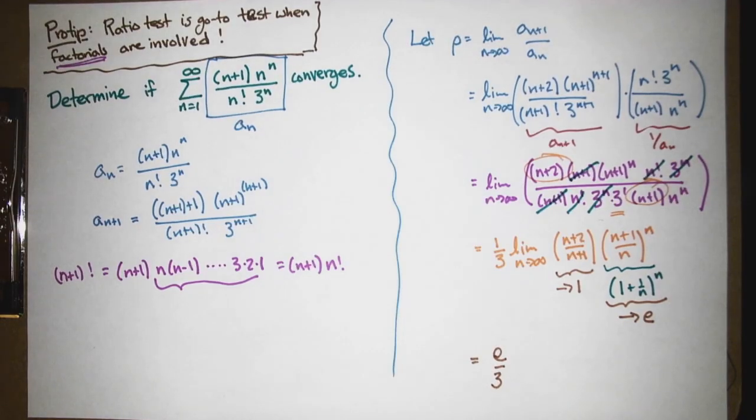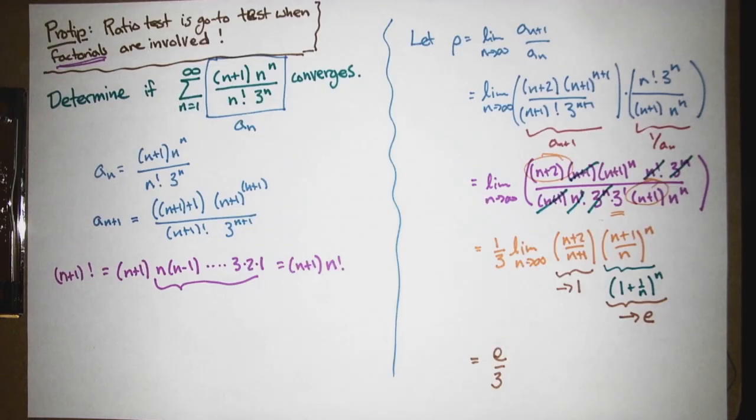Okay, so we have a limit. Nice. What do we do next? Compare it to 1. Yes. So remember, when we're talking ratio test or root test, we want the limit, and then we want to say, how does it look compared to 1?